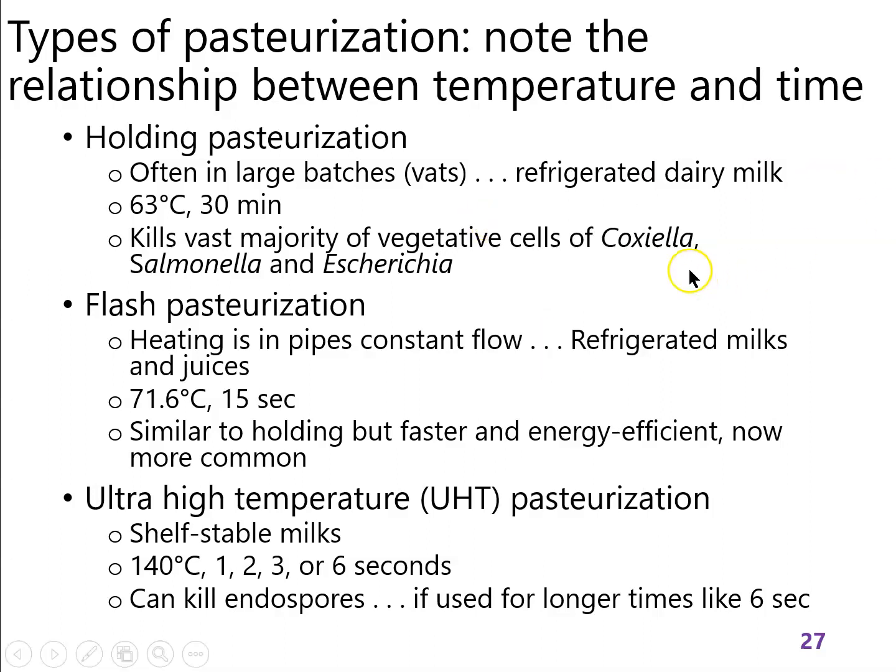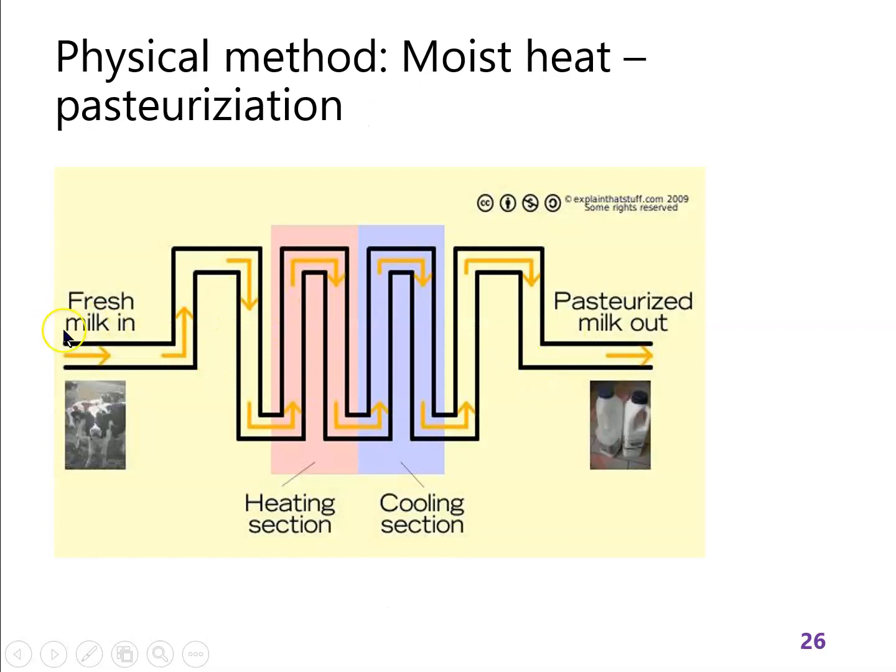So a newer, more common technique is what they would call flash pasteurization, and this is where they have liquids flowing through pipes. And that's what this is showing: the liquid goes through pipes, and the pipes go through a hot section where everything in the pipe gets heated, and then they go through a cold section where it rapidly gets cooled again.